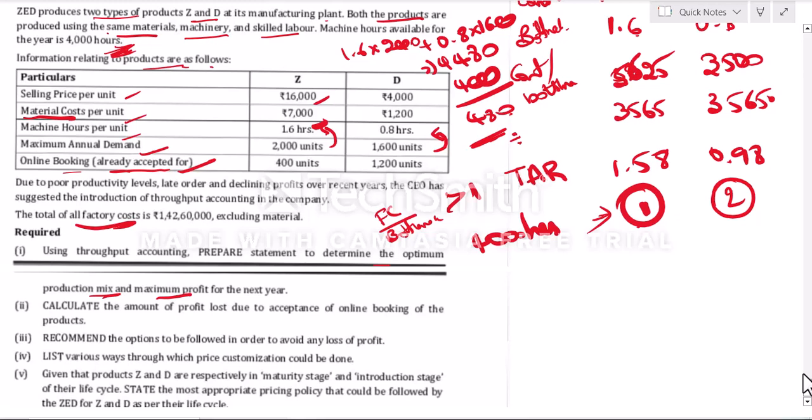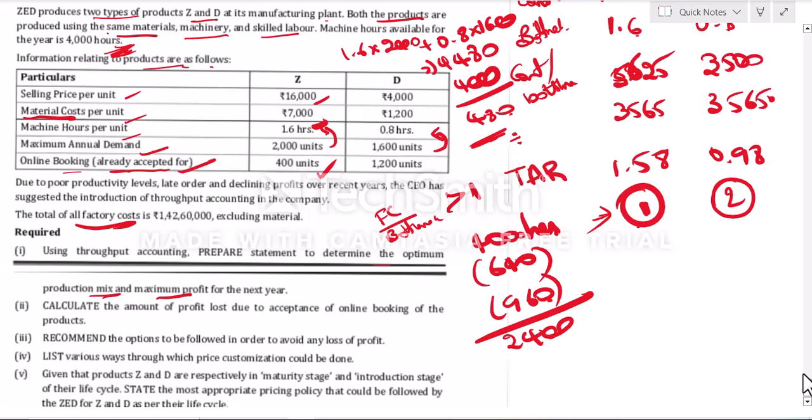So 400 into 1.6, 640, and 1200 into 0.8, 960. If we subtract this one, 4000 minus 640 minus 960, 2400. With this 2400, we need to calculate for other goods.